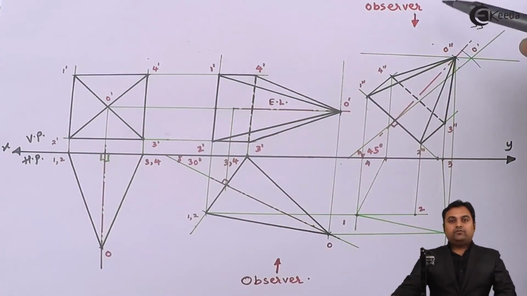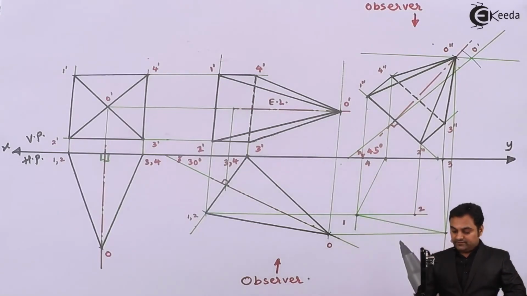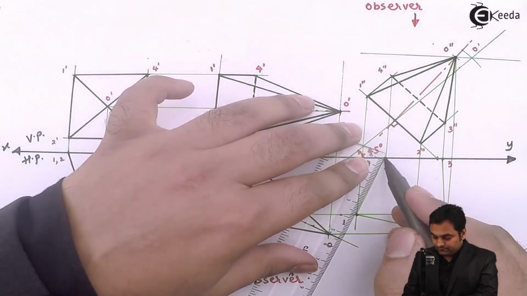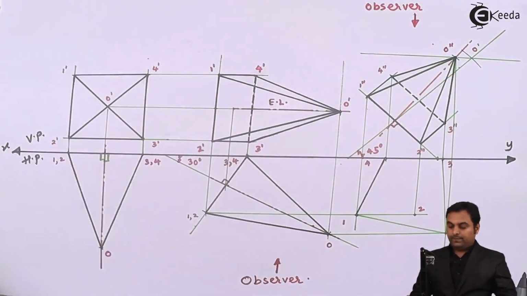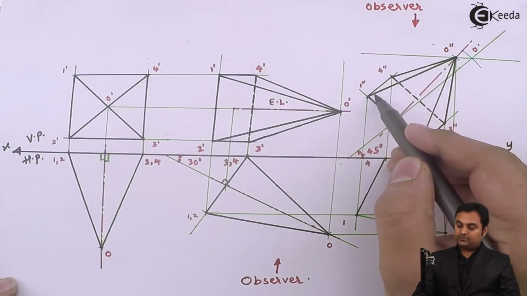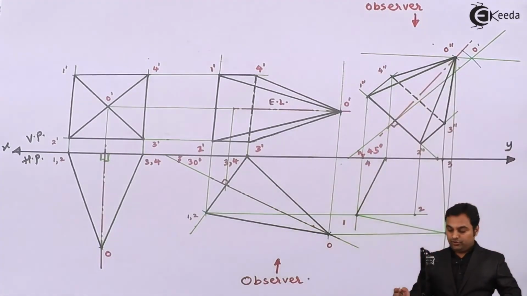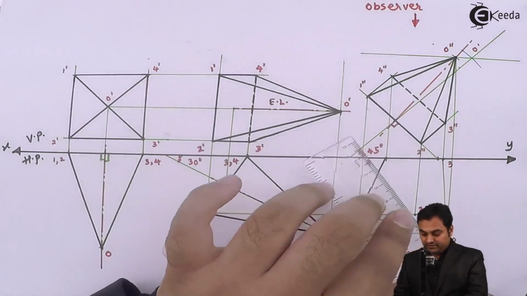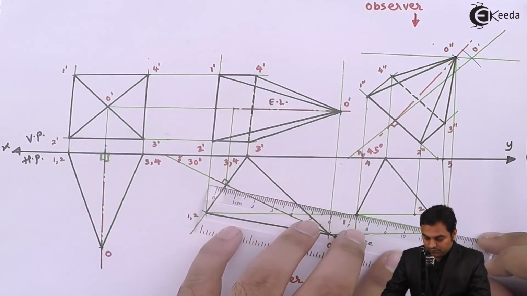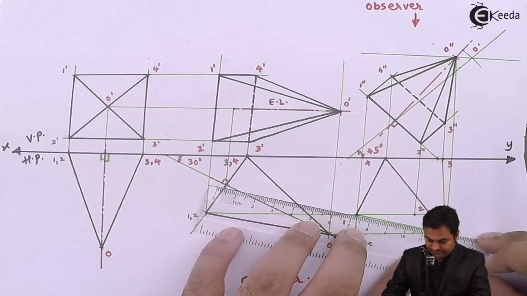Now when we are looking from top, in that case this edge 4 to 1 will be dark. At the same time, this triangular face O double dash, 4 double dash, 1 double dash is visible to the observer, so that will also be made dark. So this triangle is visible.